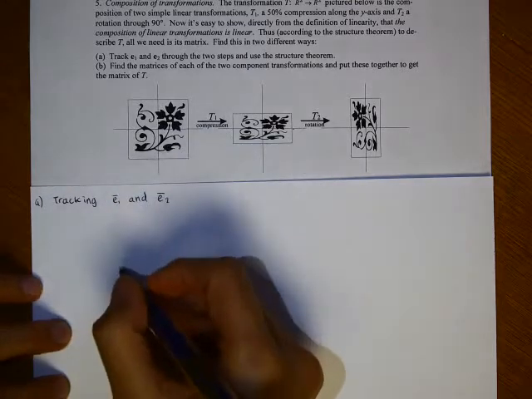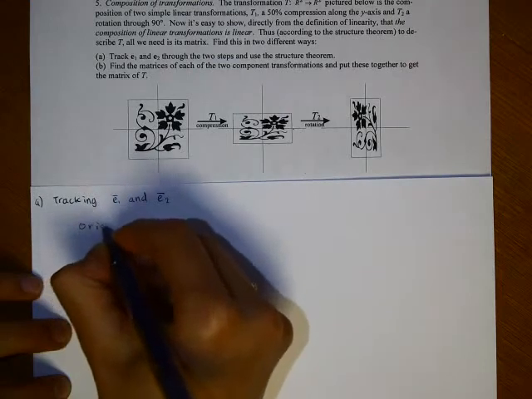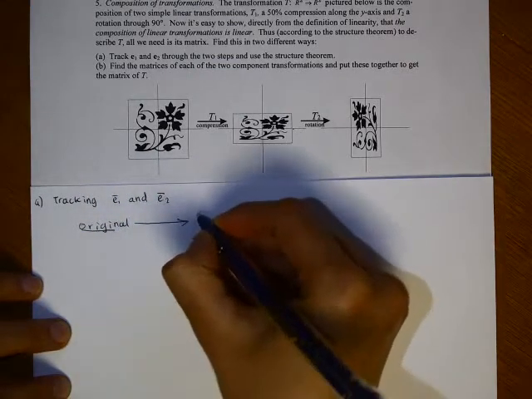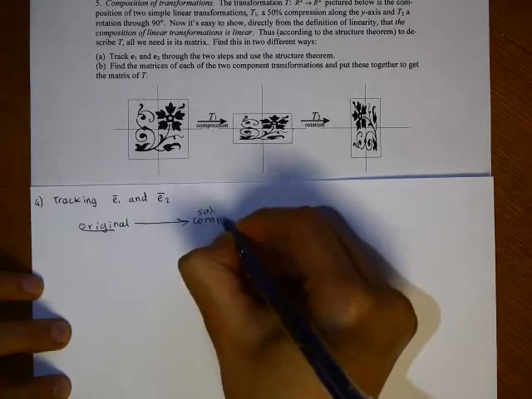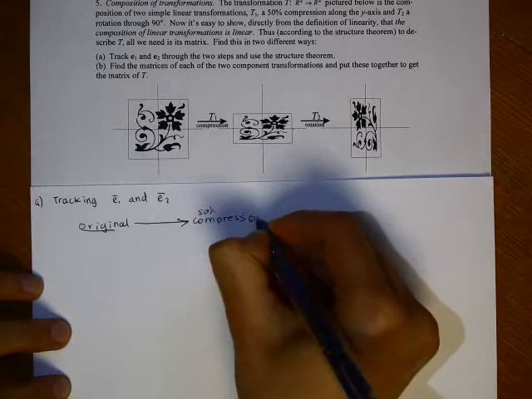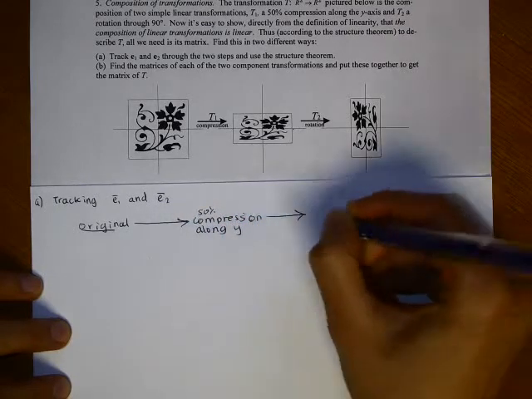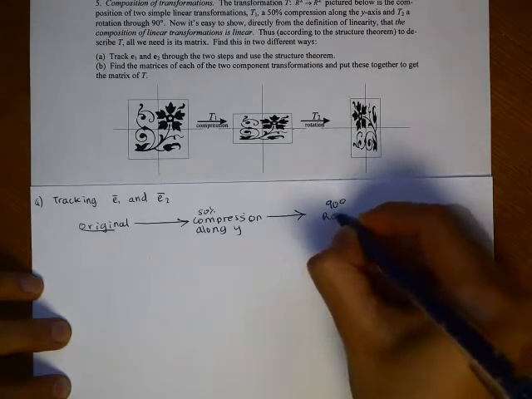So a way that I often like to solve transformations is I write out my original vectors, and then I write out what they are transformed for the first transformation, so it's 50% compression. And then my last transformation, which is 90-degree rotation.